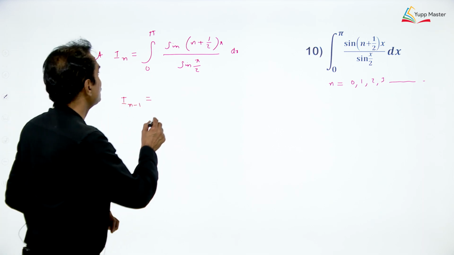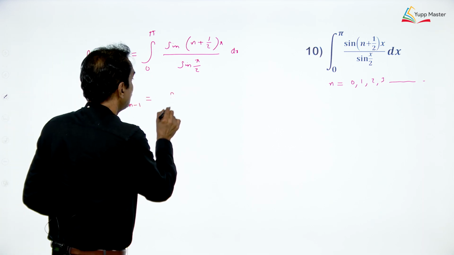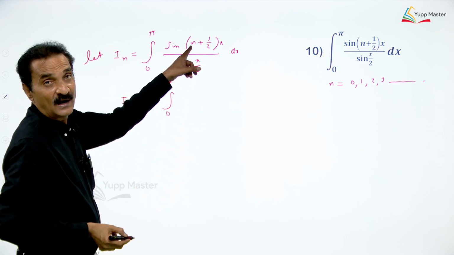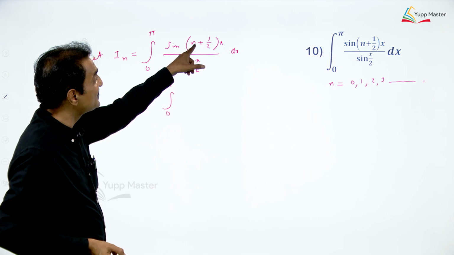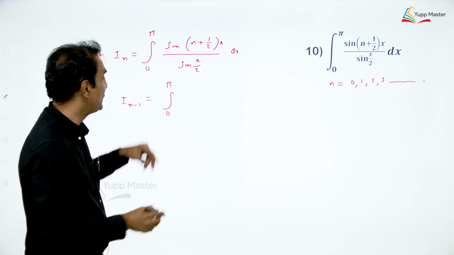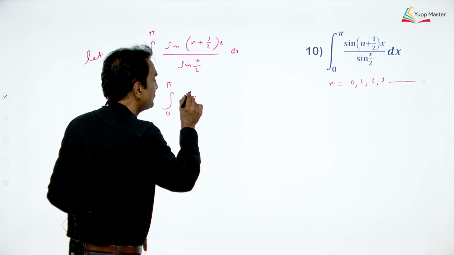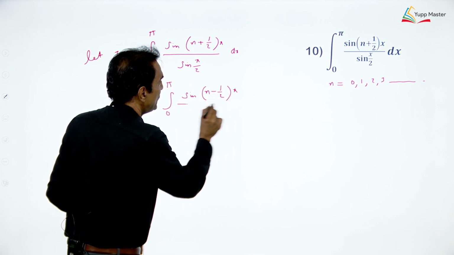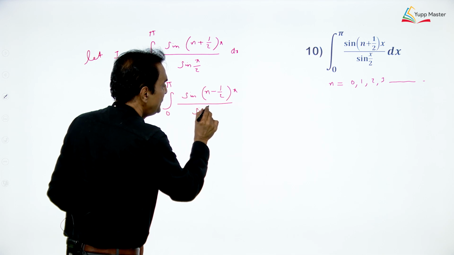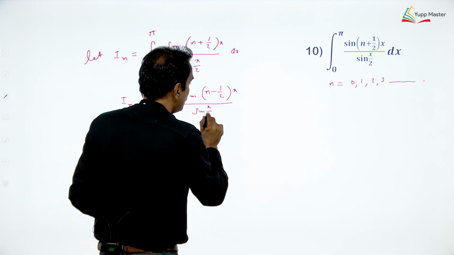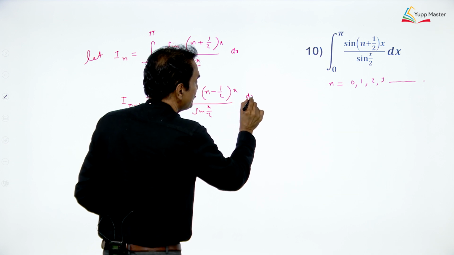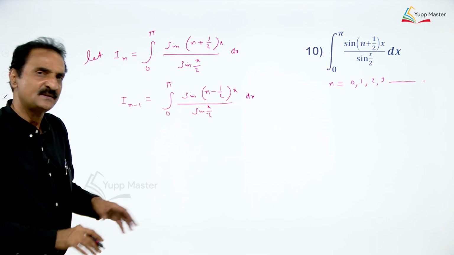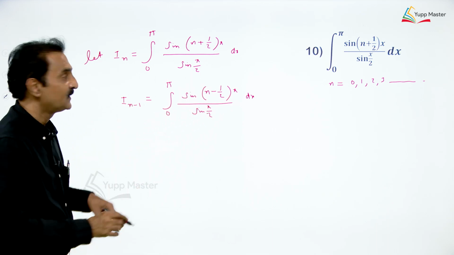If you write In minus 1, integral 0 to pi, In minus 1 will be sin of n minus 1 plus half, it will be n minus 1 by 2, sin of n minus 1 by 2 into x upon sin x by 2 dx. What will you do? Subtract. This is the general method for this kind of questions.